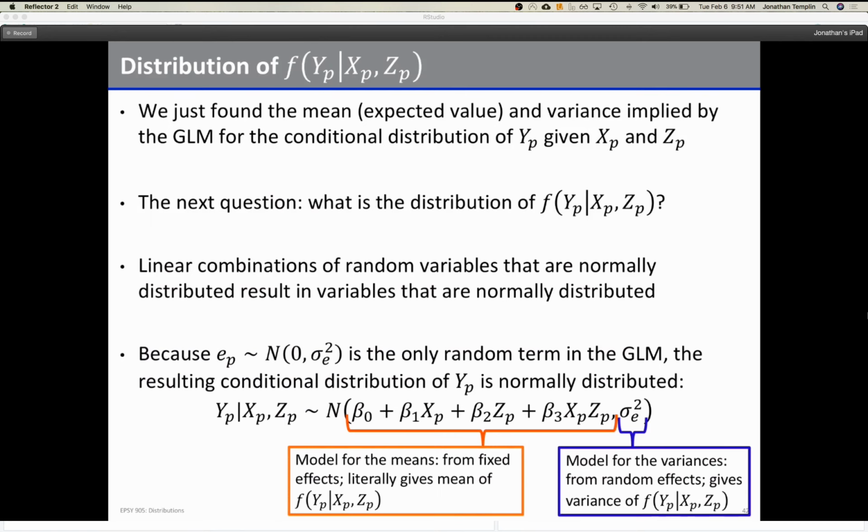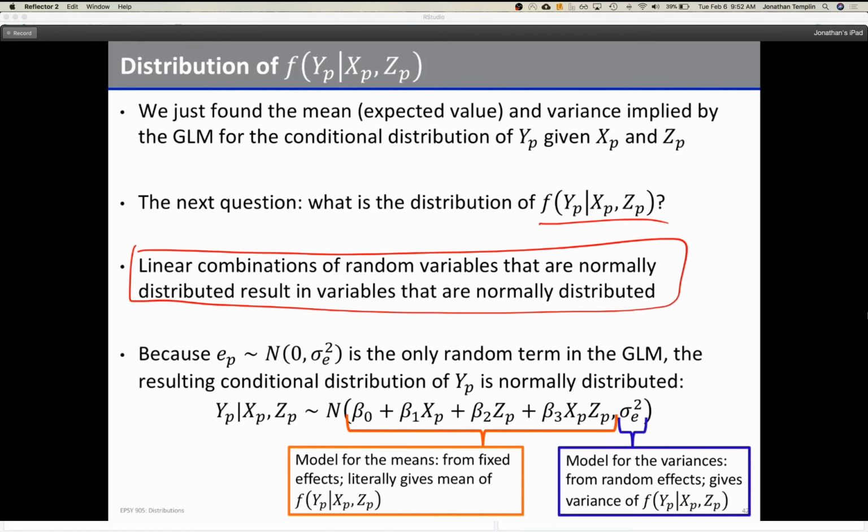Now, the distribution of y given x and z, we can talk about that as well. Same thing with normal. We found the mean, we found the variance. It turns out, what is the distribution? Well, we use the result that linear combinations of random variables that are normally distributed result in variables that are normally distributed too.